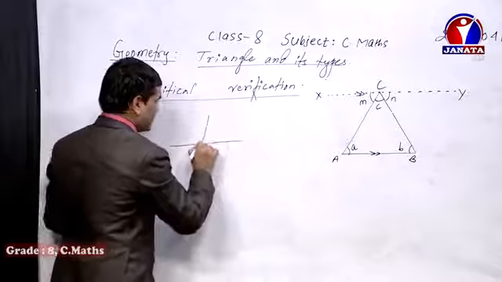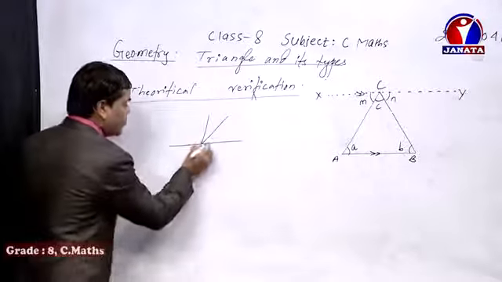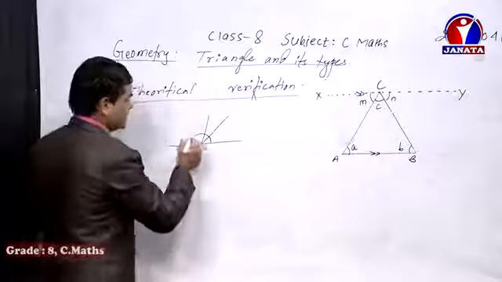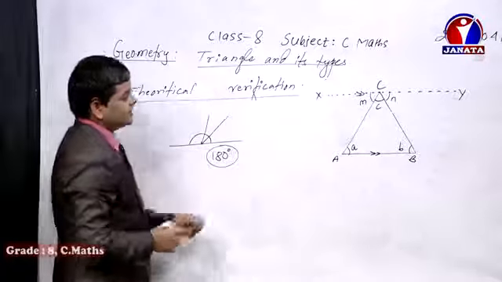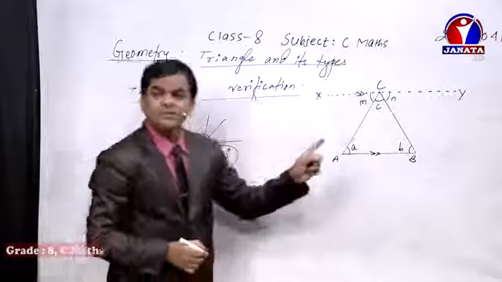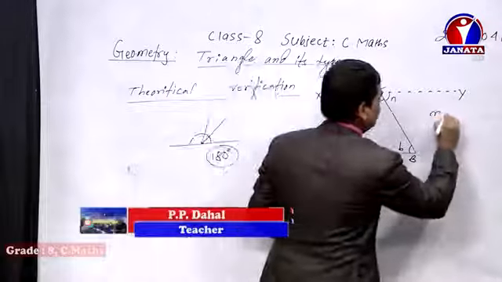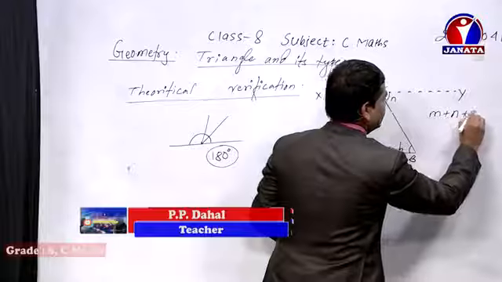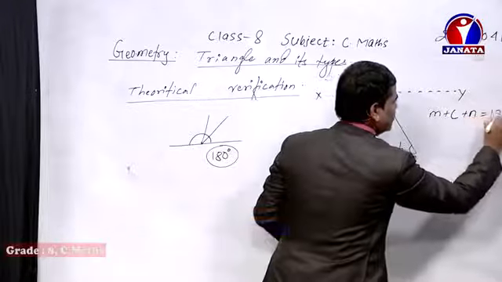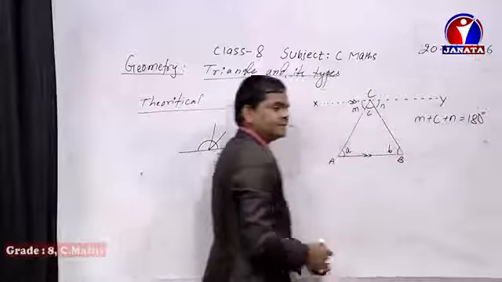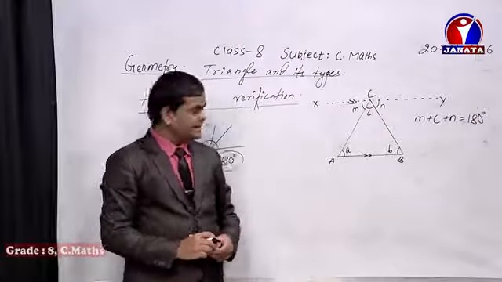How many parts of a straight angle are formed altogether? When you add all the angles together, their sum becomes 180 degrees. Similarly, the same concept used here: angle m plus angle c plus angle n, when we add together, their sum becomes 180 degrees.